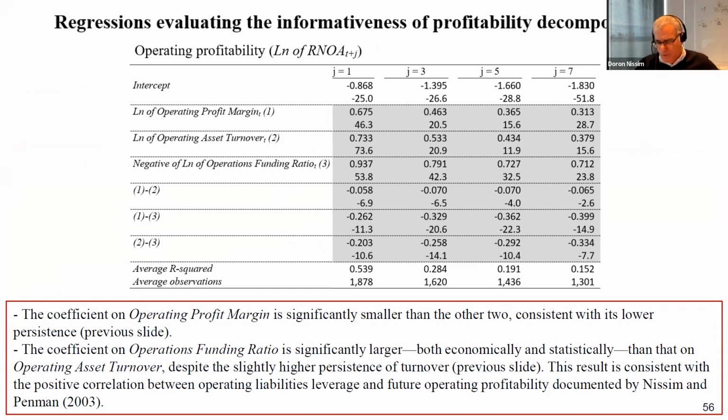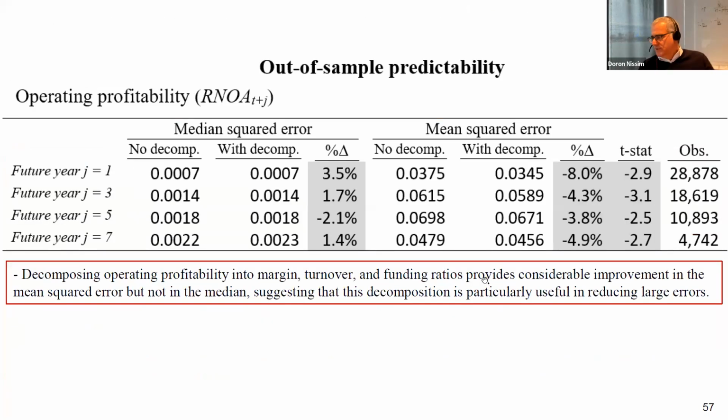I don't want to spend time on it, because I'm out of time. But for out-of-sample predictions, simple linear regression doesn't give you the same nice results that I got for the transitory one. Decomposing into the three drivers clearly helps you in terms of extreme errors, because there is a big reduction in the mean squared error, but not in the median.